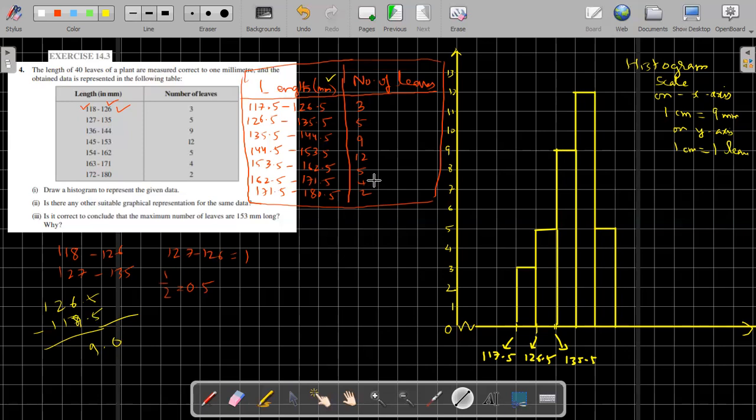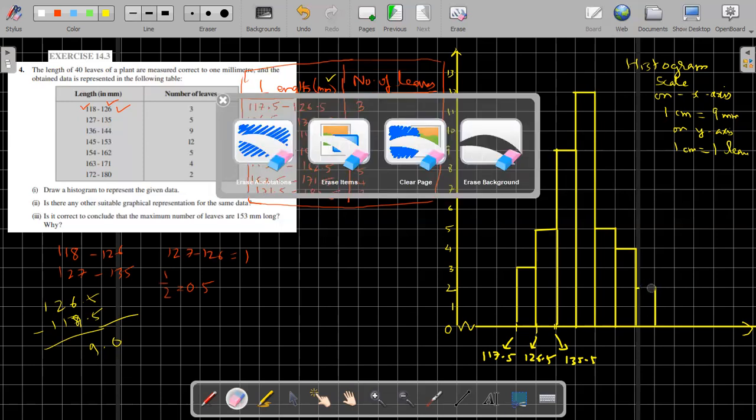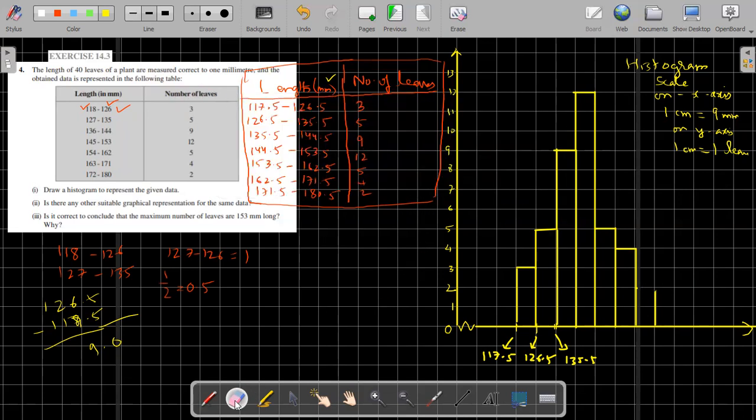After 5, 4, after 4, 2. So like this we can draw the histogram. This is the way of drawing the histogram.